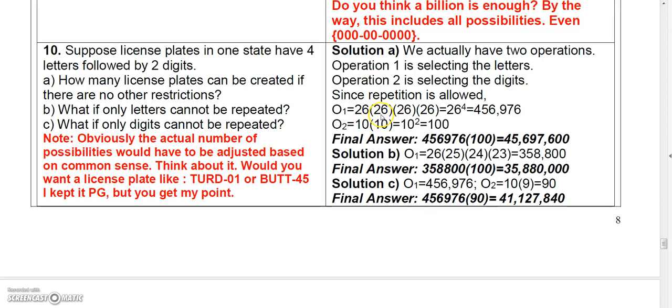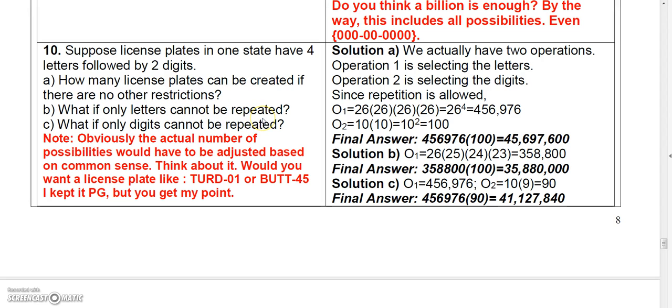So you would have 26 times 26 times 26 times 26 ways to do the 4 letters. And there's also no restrictions on the 2 digits. So you would have 10 times 10, or 100 ways to do the 2 digits. Operation 1 would be the letters, operation 2 would be the digits. And then you just multiply those together to get the total. So the total would be 45,697,600 possibilities.